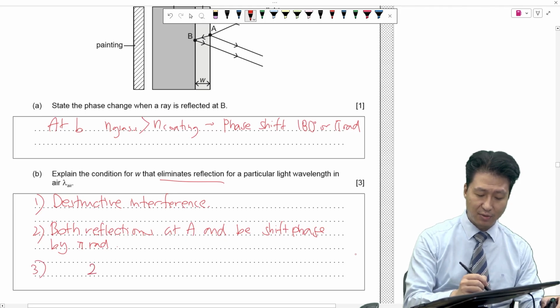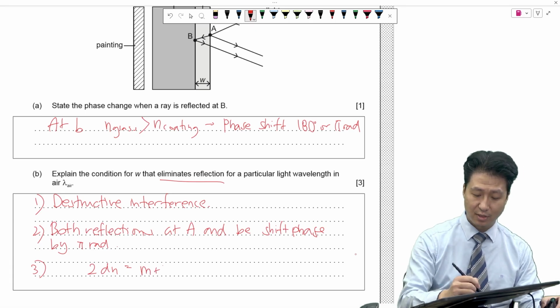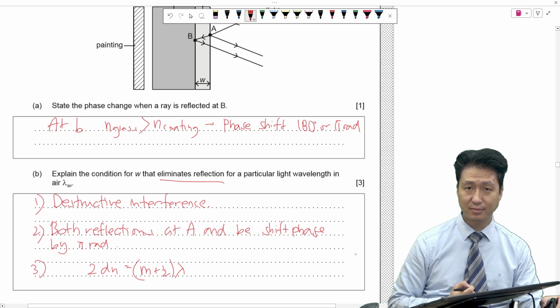You have to use the equation 2dn green equal to (m plus 1/2) lambda.